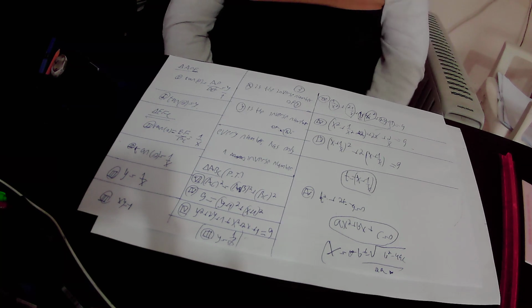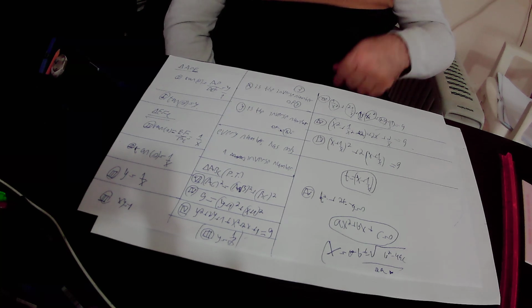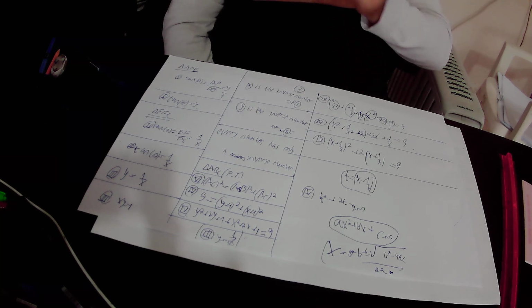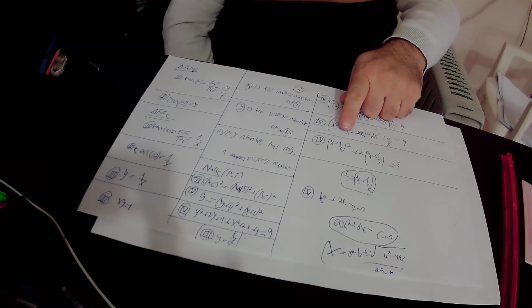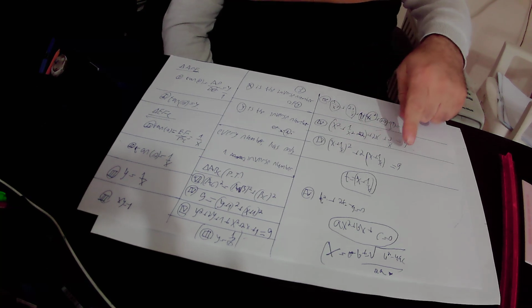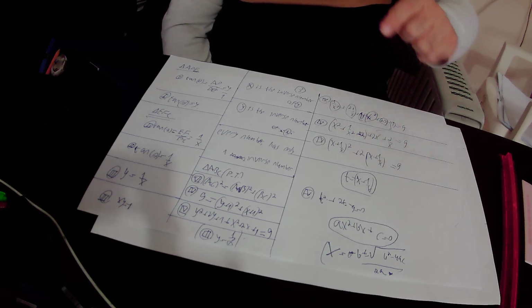Here we defined t as X plus 1 over X. Now we can substitute X plus 1 over X by t, and we got t squared plus 2t equals 9.